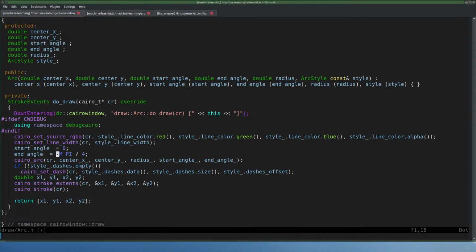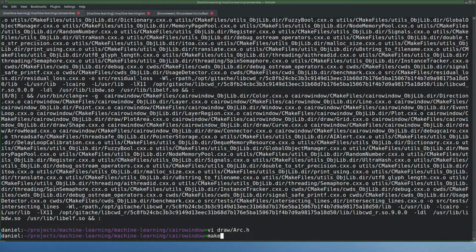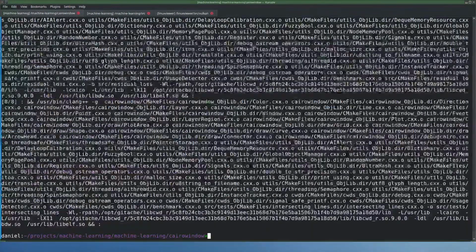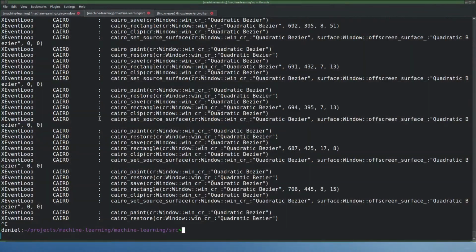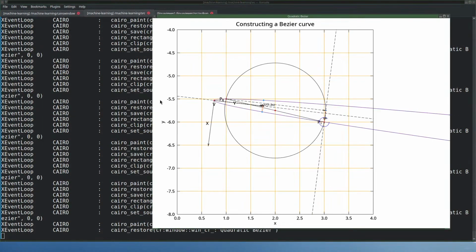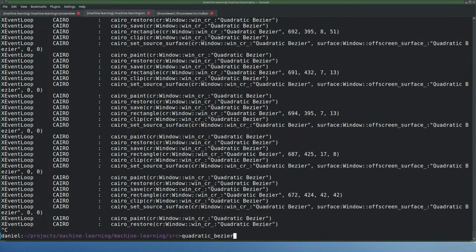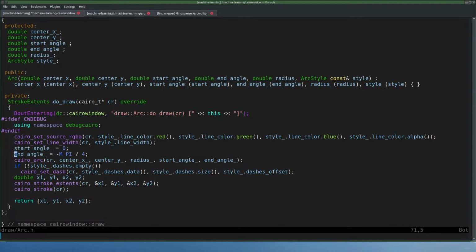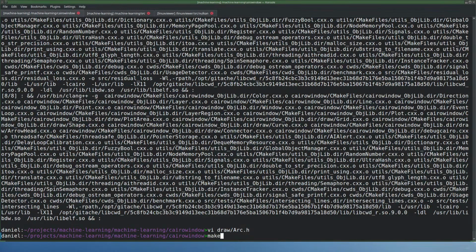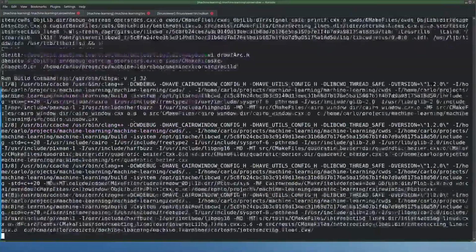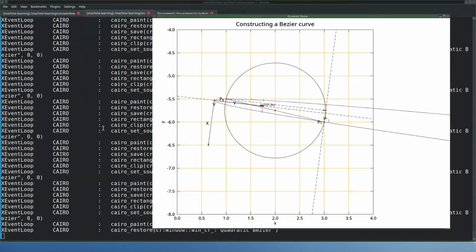What happens if I just make end negative? That wouldn't work, I think. Hope not. Okay. So we have to swap that as well. Yep.